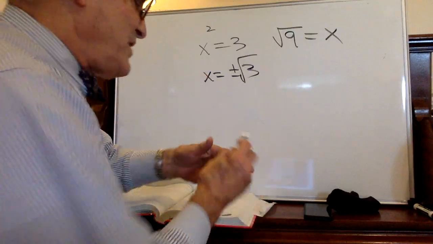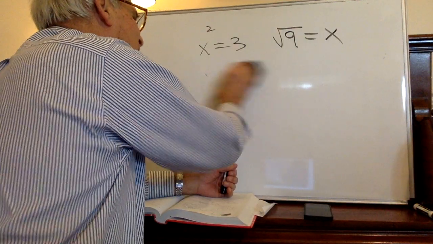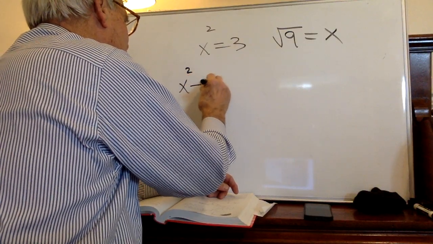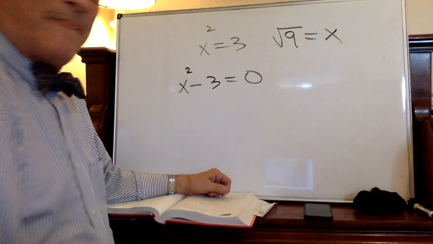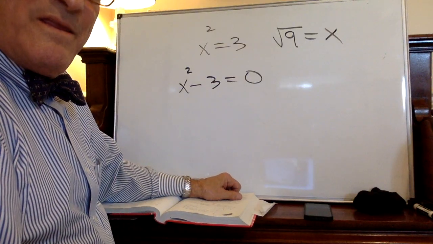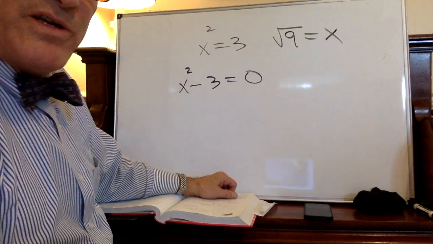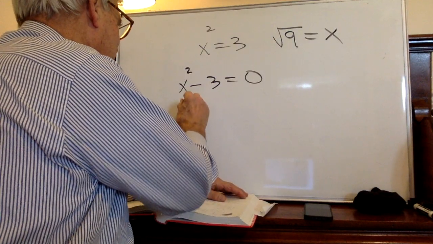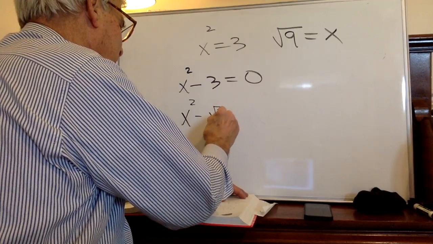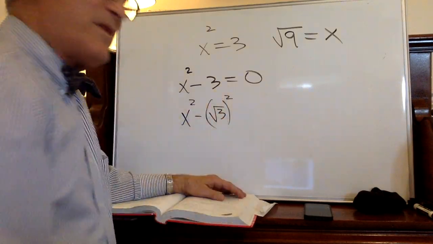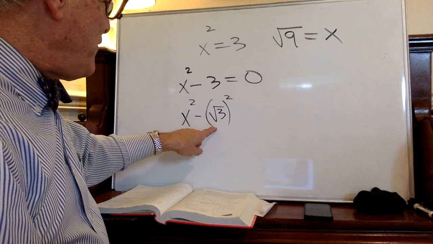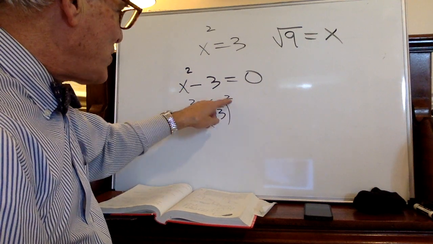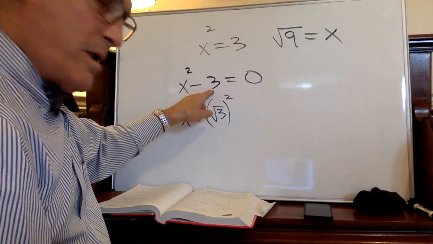You can think of this as the following. Even though 3 is not a perfect square, I can treat it as a perfect square if I rewrite it. The square root of 3 squared is 3, and minus the square root of 3 squared is negative 3.